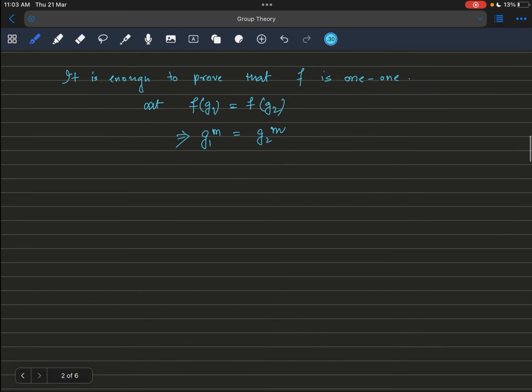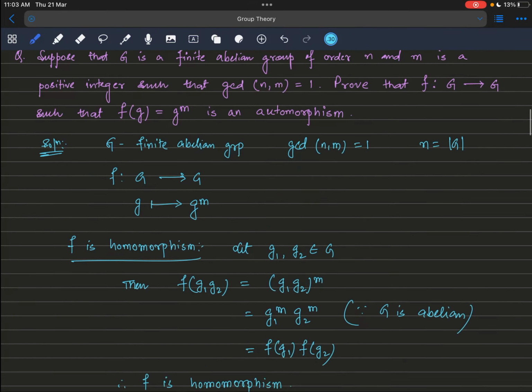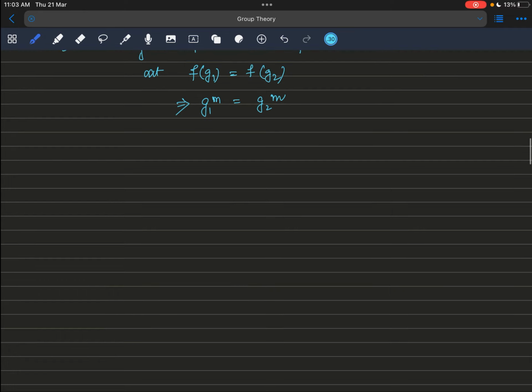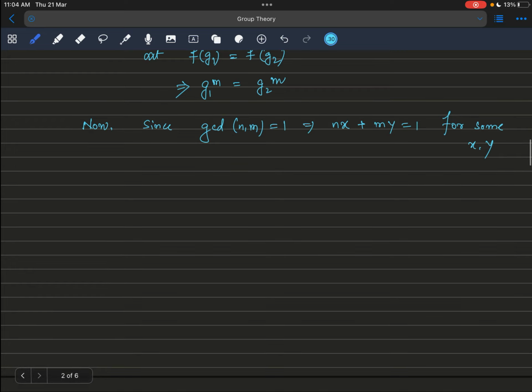We are given this in the question. Now since GCD of n, m equals 1, we can get from here that nx + my = 1 for some x, y.